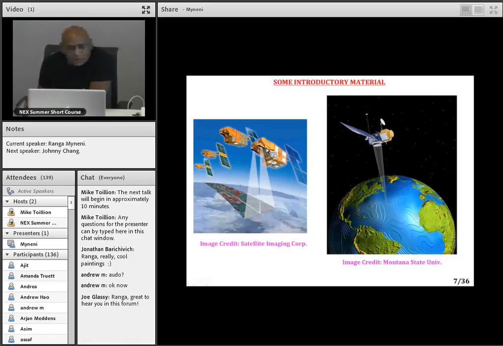It's carrying instruments, and the instruments, like MODIS, for instance, measure at different wavelengths, and they are sweeping swaths of hundreds of kilometers as the Earth rotates under them. And these swaths are pixels, if you will, square pixels of various resolution.